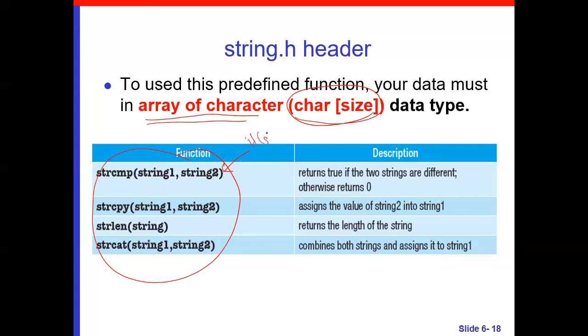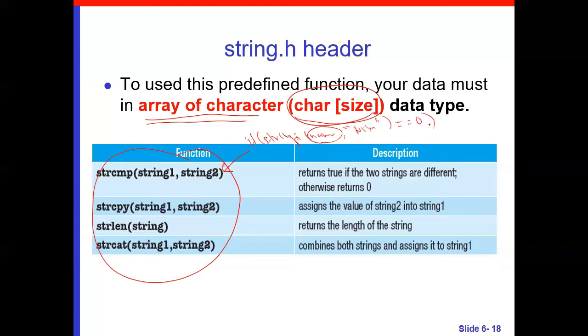For example, if strcmpi, for example name, you want to find whether the name is the same as this value, for example Nisa. If you want to know whether the name that the user input is the same as Nisa, you need to use this syntax.